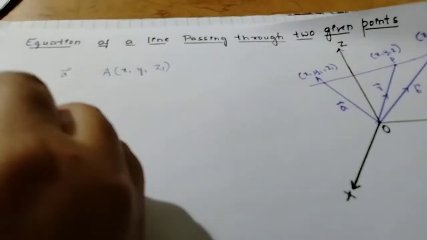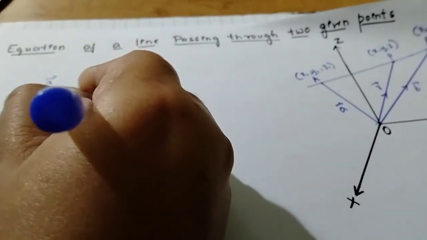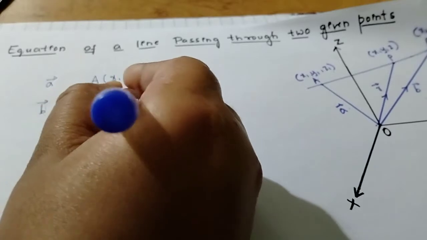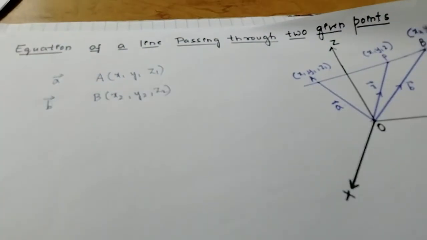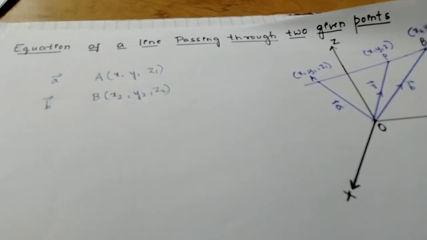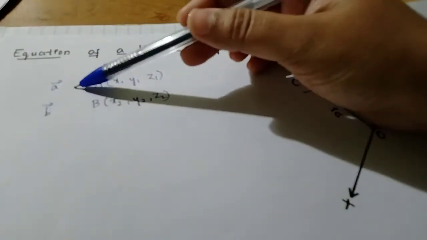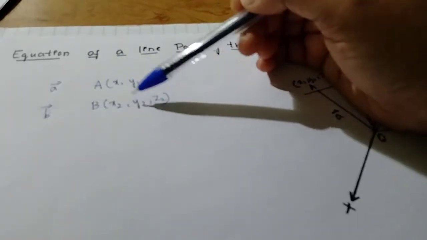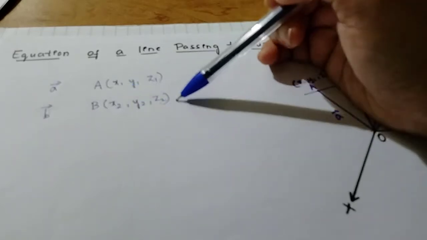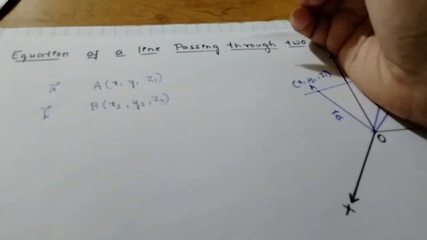Then the next one, B vector is for the point B, x2, y2, z2. There are 3 coordinates because this is 3 dimensional.